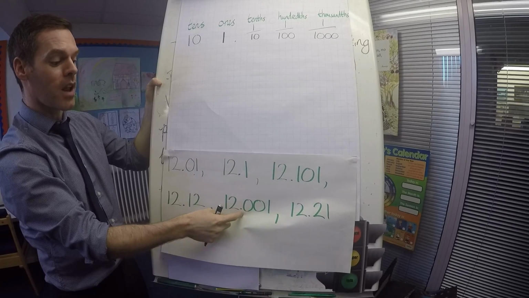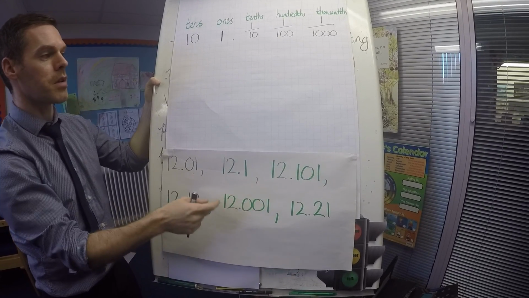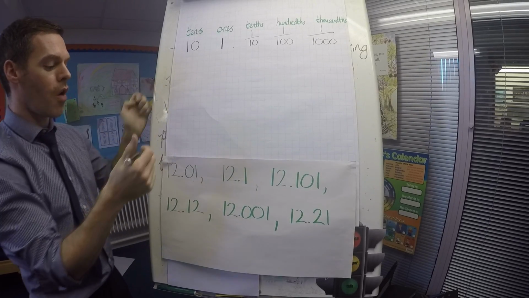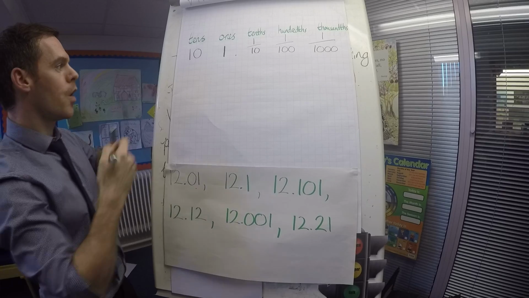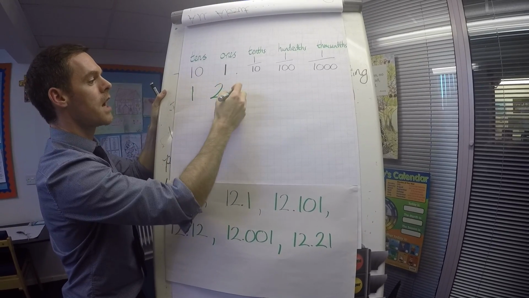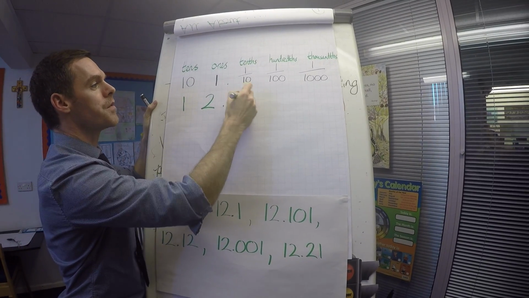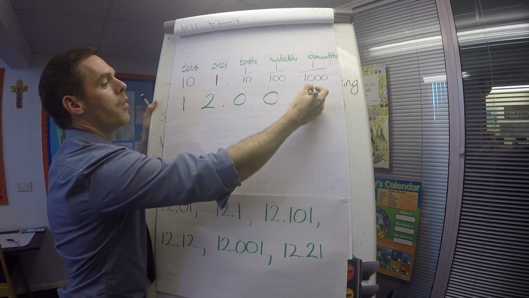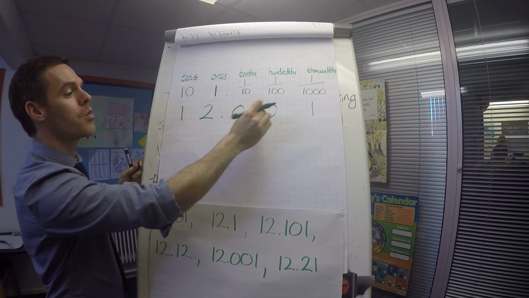Therefore, this number here, 12.001, is my smallest number. So I'm going to write that on my chart and keep my place value lined up. 1 ten, 2 ones, decimal point always at the right hand side of my ones, 0 tenths, 0 hundredths, and 1 thousandth. That's my smallest number, 12.001.